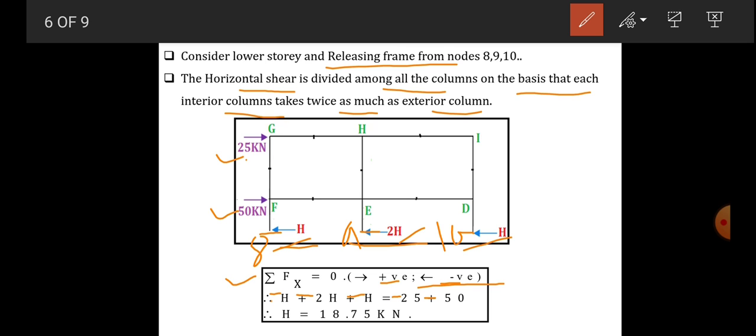When we solve, we have H is equal to 18.75 kilonewton. So now we know the value of H. Put the value of H here, then consider joint F, then joint E, and then joint D, and find the axial forces acting on them.